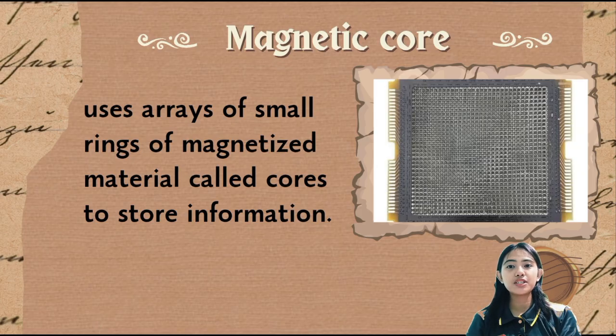It used very small magnetic rings called ferrite cores. Each ring could store either a 0 or a 1, a binary digit. This made it the first reliable type of random access memory before modern semiconductor memory like today's RAM chips was invented.